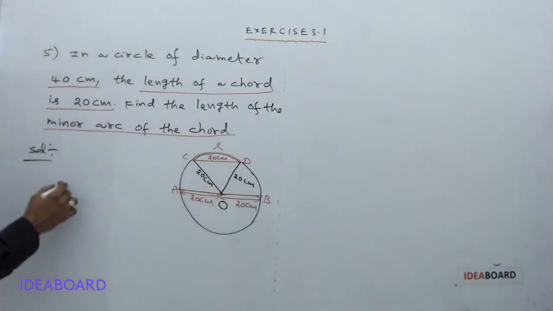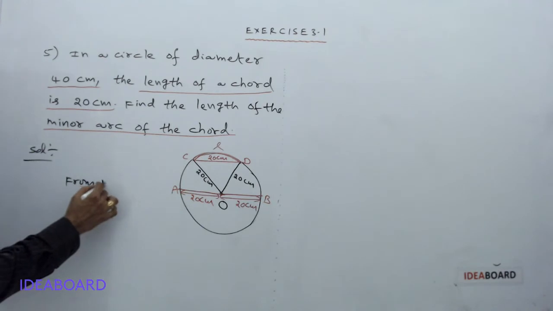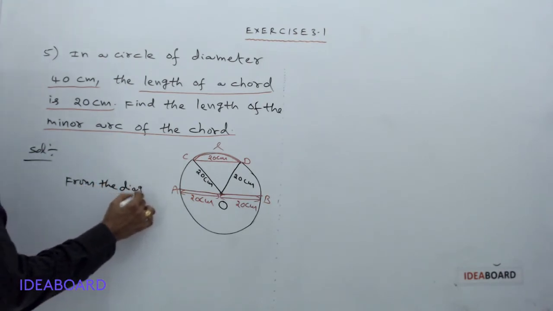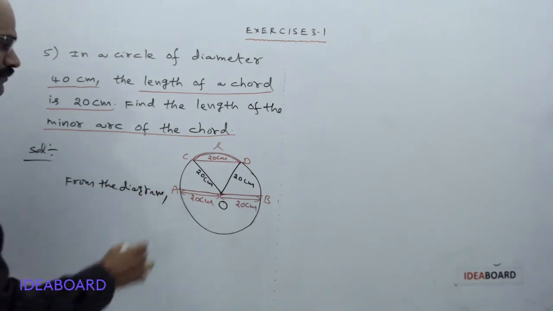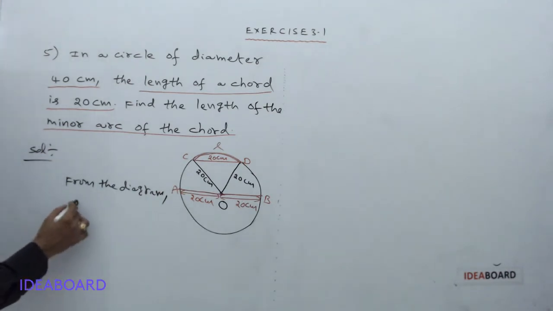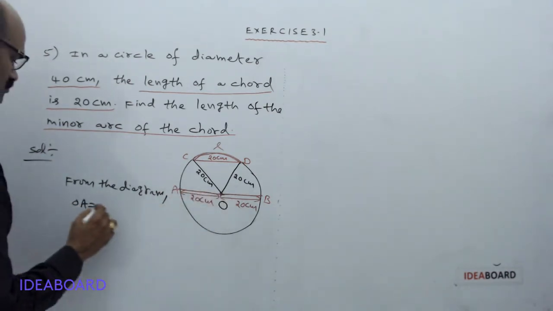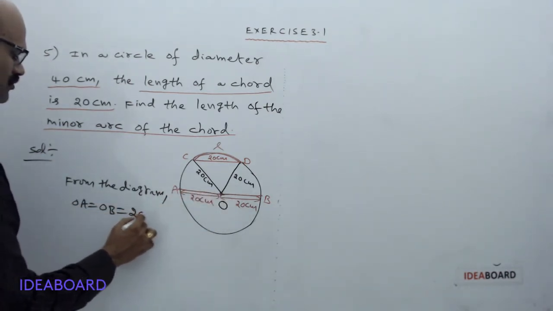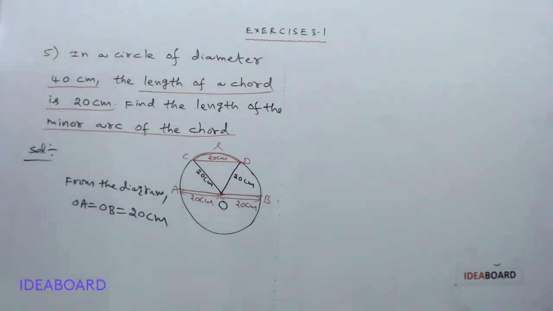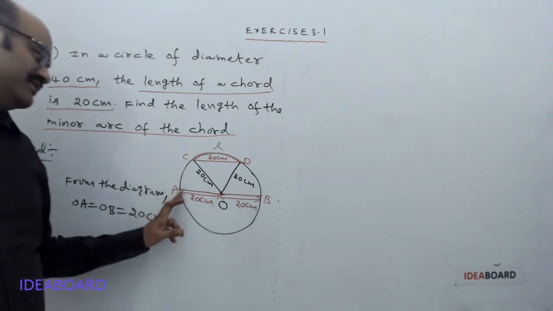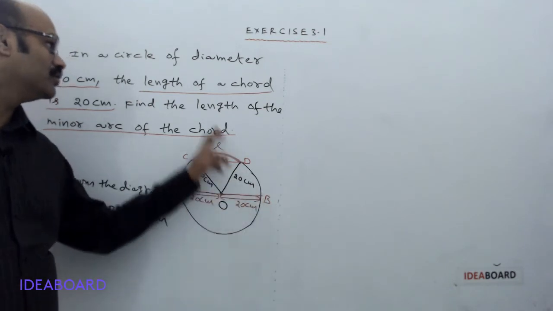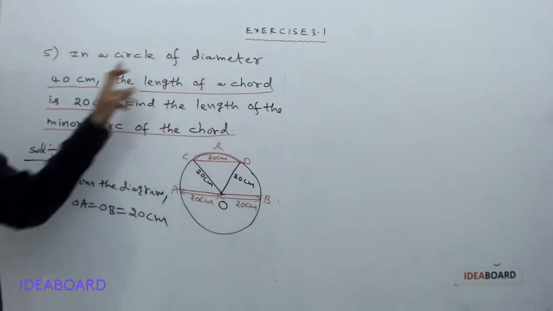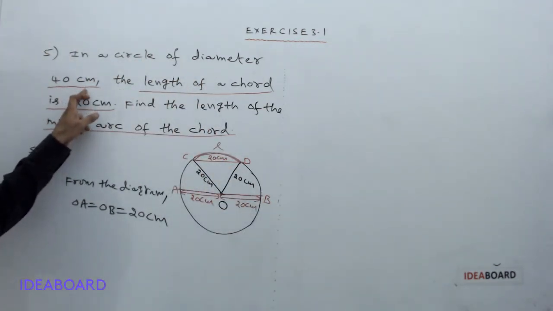From the diagram, we have OA equal to OB equal to 20 centimeter, since it is given that the length of the diameter is 40 centimeter.